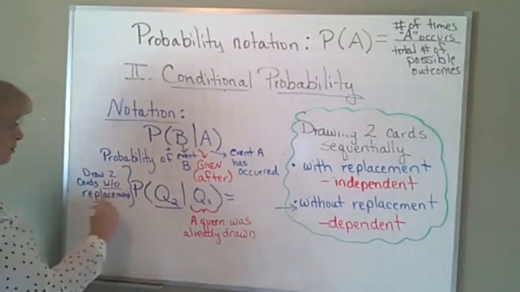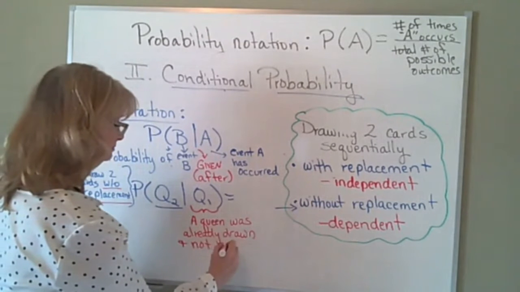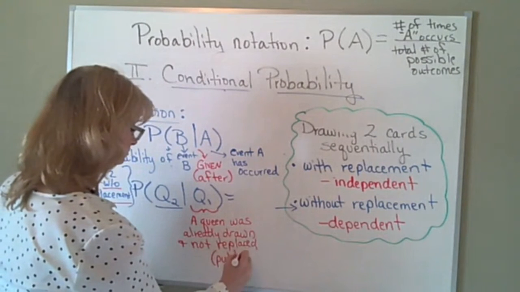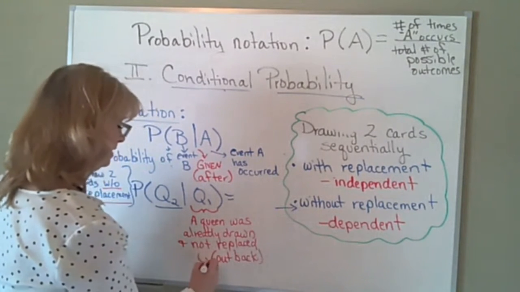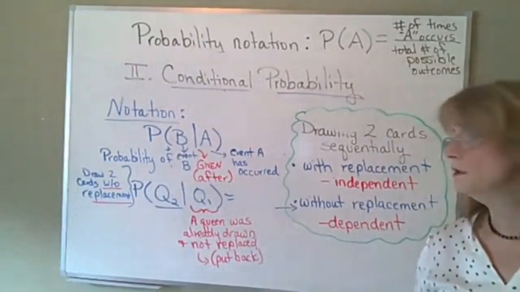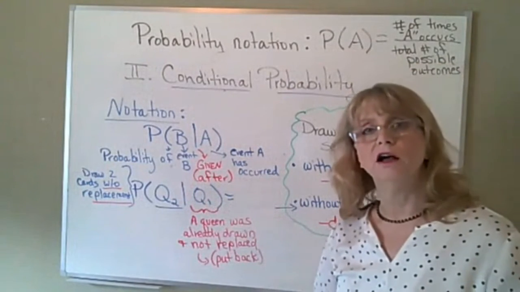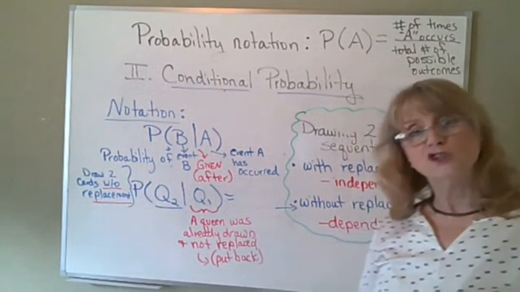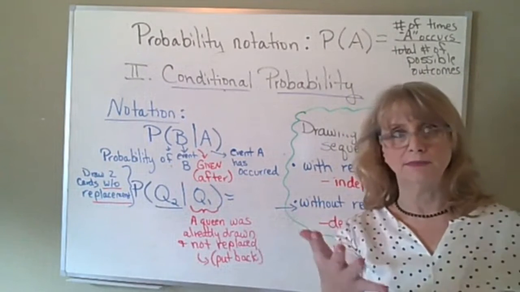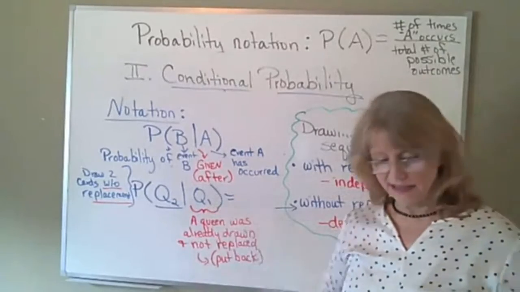And since we're doing this without replacement, a queen was already drawn and not put back. So that changes the sample space, right? This is called the condition. The condition is that a queen was drawn on the first draw. The question is, knowing that, what's the probability you'll get a queen on the second draw? So let's think about this. The thing that we know already happened is this. This is the condition.